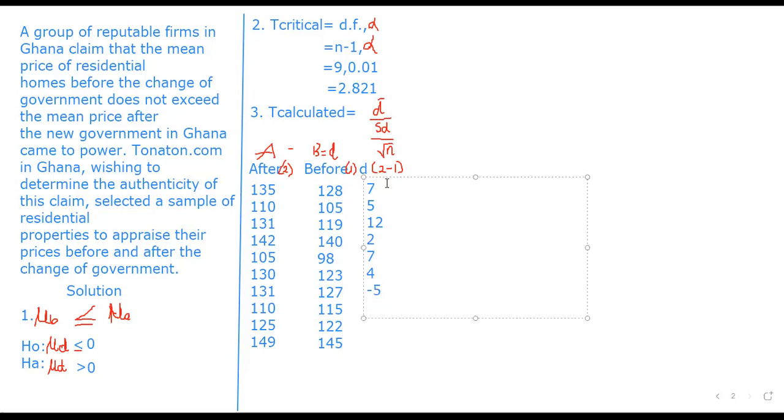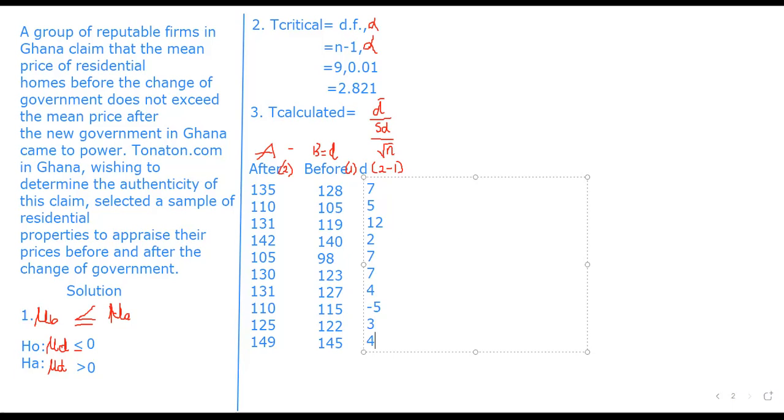Oh wait, after correcting, the 4 is 7 again. Then 4, negative 5, 3, and 4.